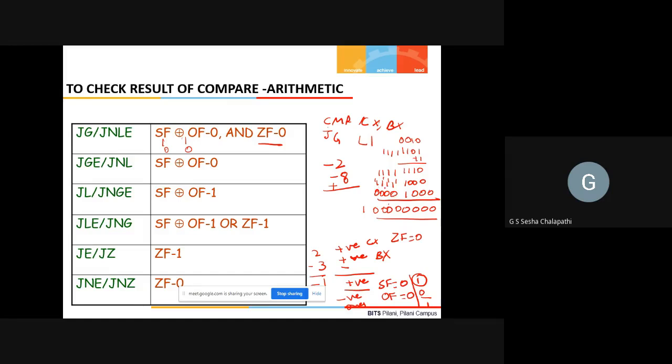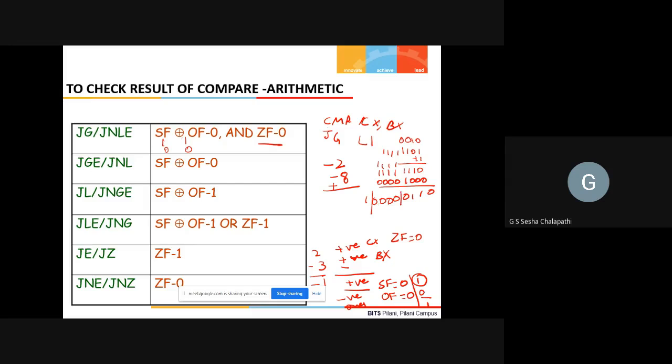Did we make a mistake anywhere? 1 0 0 0 is actually 8. Sorry, this is minus 2. 0 0 0 0 1 0 0 0, if I add this to it, this is 1 2 3 4, 1 2 3 4. This is a carry out.